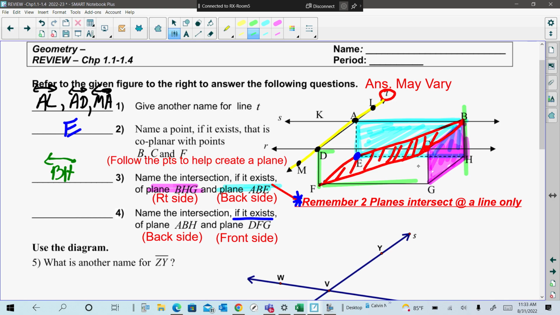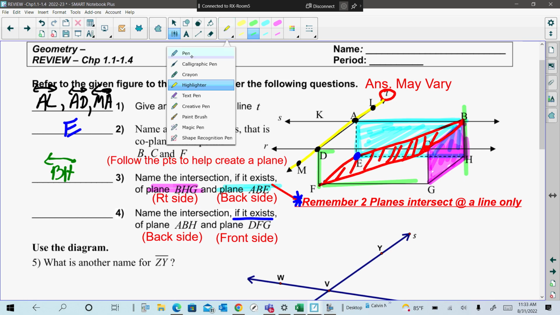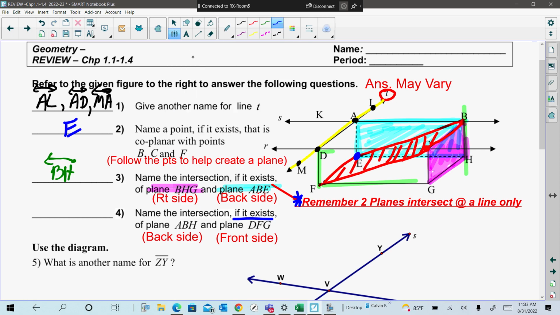They are parallel. So this answer, there's a little acronym we can use to show it does not exist: DNE. The intersection does not exist because these 2 planes are parallel. Or you can just put the parallel planes symbol.